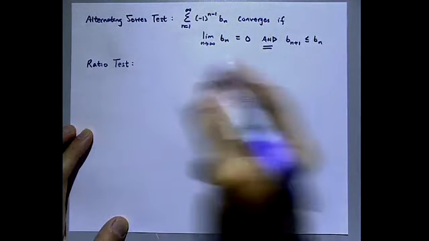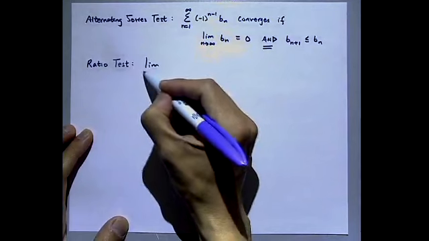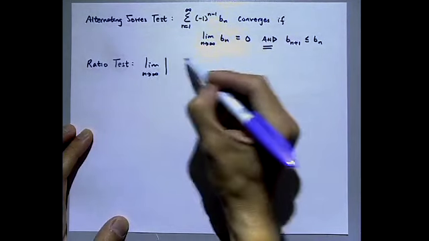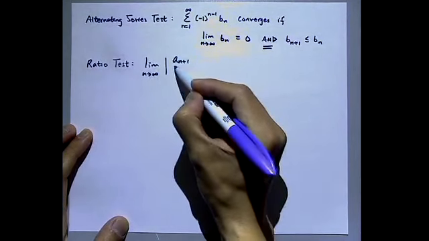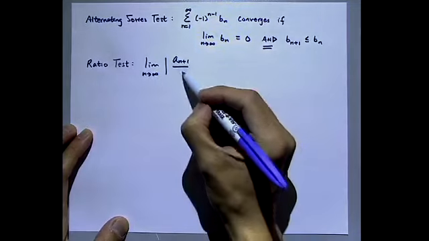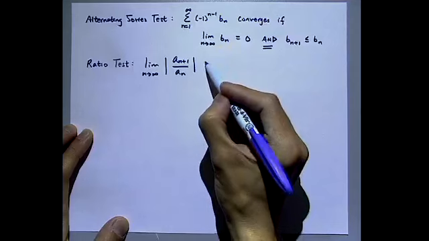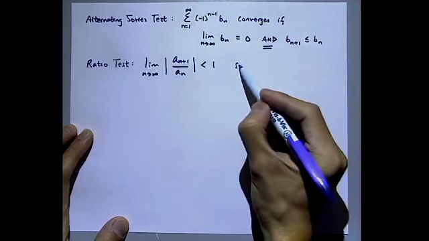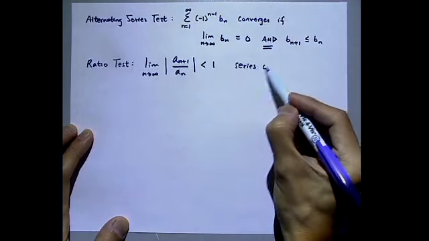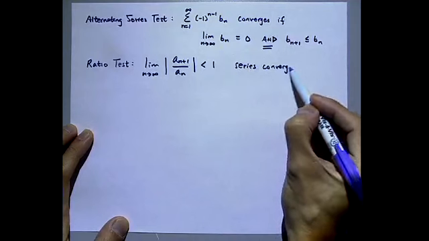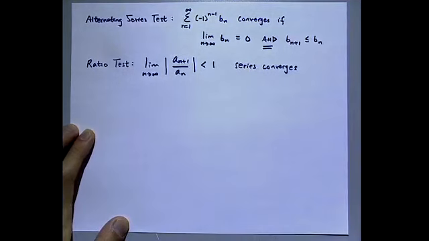Ratio test. We saw this last time. We take the ratio of the absolute value of the n plus 1th term divided by the nth term. If the ratio is less than 1, now the 1 is important here, then the series will converge.